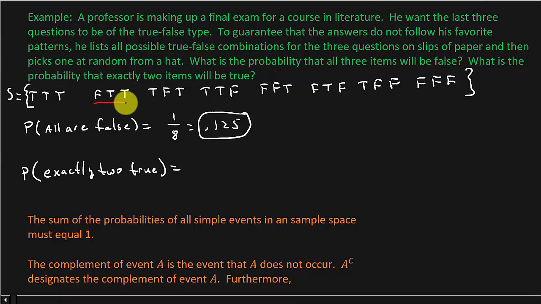Well, that would be this one, and this one, and that's all of them. So there's 1, 2, 3 of them. So that's 3 over the number of possible outcomes, which is 0.375. So about a 37.5% chance that exactly 2 of them will be true. Okay.